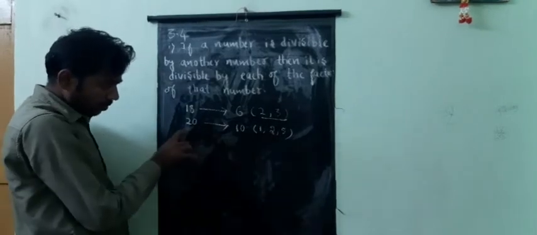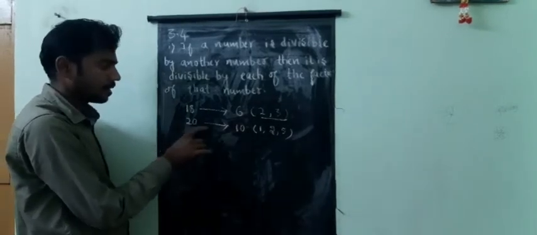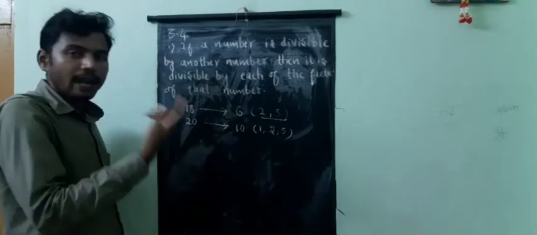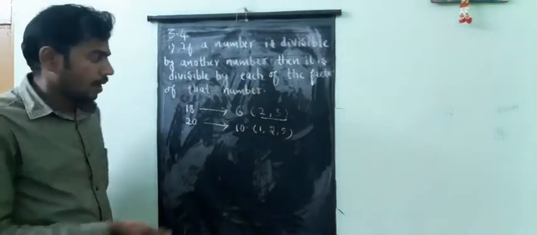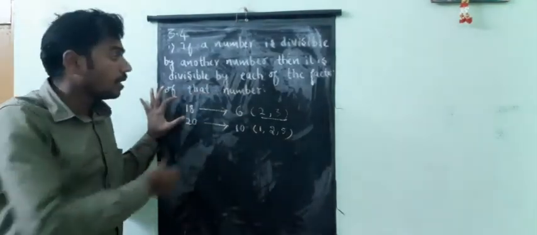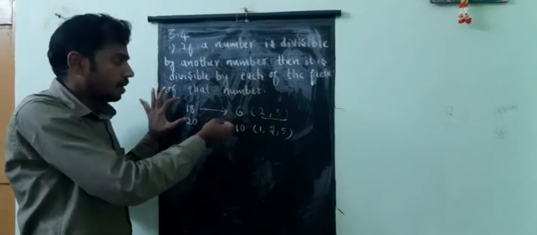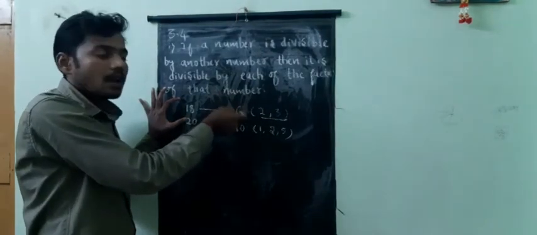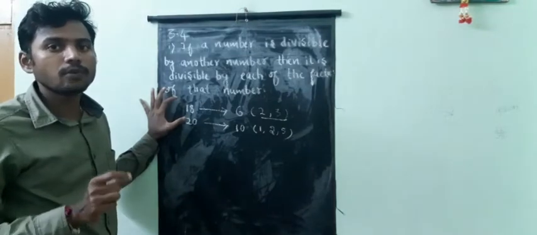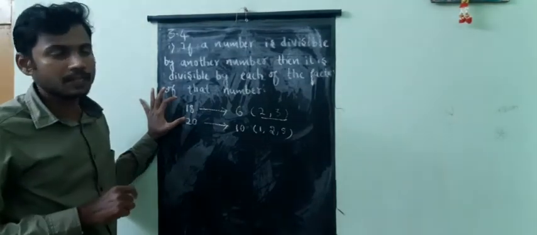Does 2 divide 20 exactly? Yes. 2 tens are 20, 5 fours are 20. So what we can conclude: if a number divides another number, then the factors of that particular number will also divide the given number. This is one more property or divisibility rule. Please note it down.